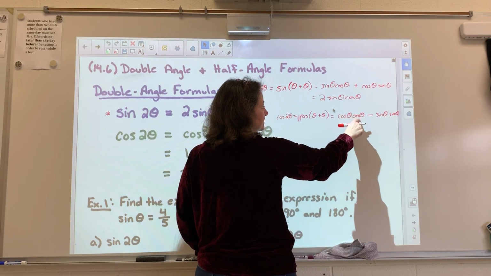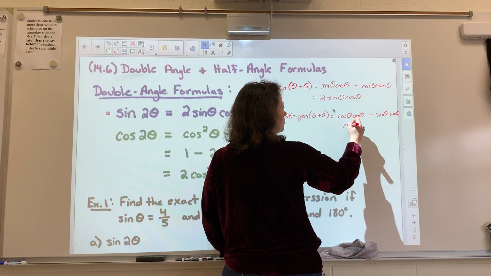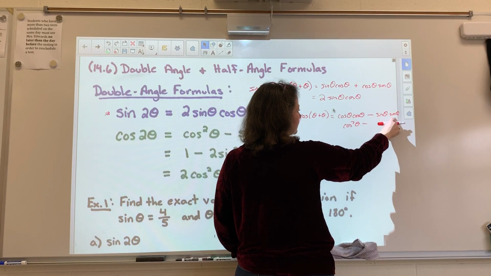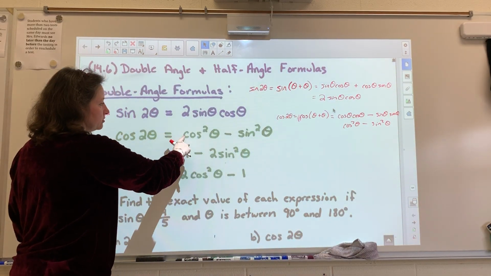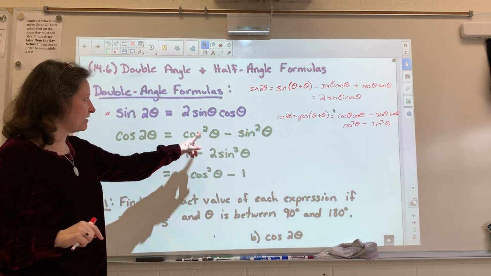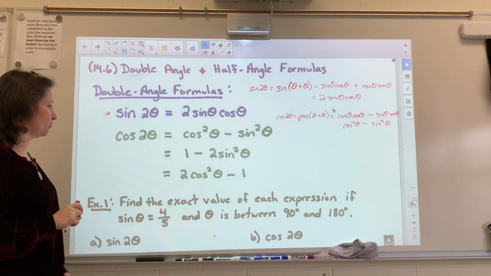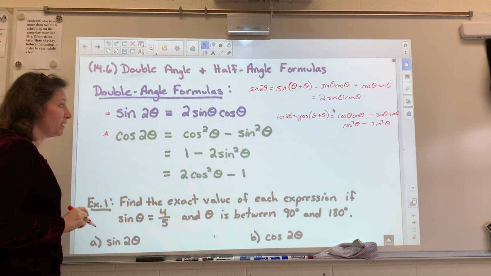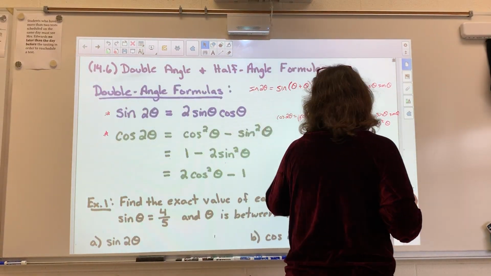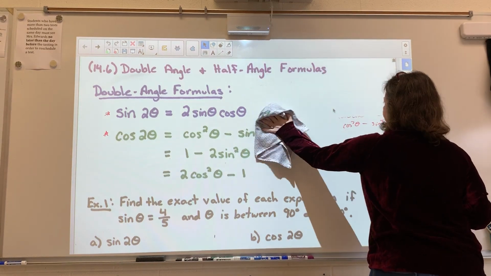What's cosine theta times cosine theta make? Cosine squared theta, minus sine theta times sine theta makes sine squared theta. That's the first rule. So that's the main formula. So they come from our sum and difference formulas, and we are going to want to learn these two patterns.